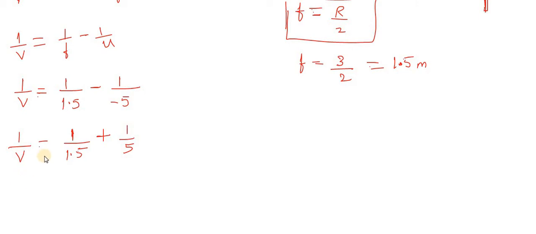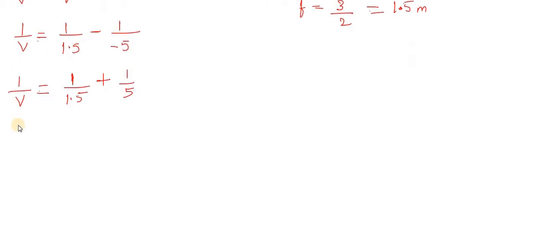Now simplify it further. You can do the cross multiplication, or you can take the LCM. So 1 by v is equal to, cross multiplying, 5 plus 1.5 divided by 5 into 1.5, which is nothing but 7.5.